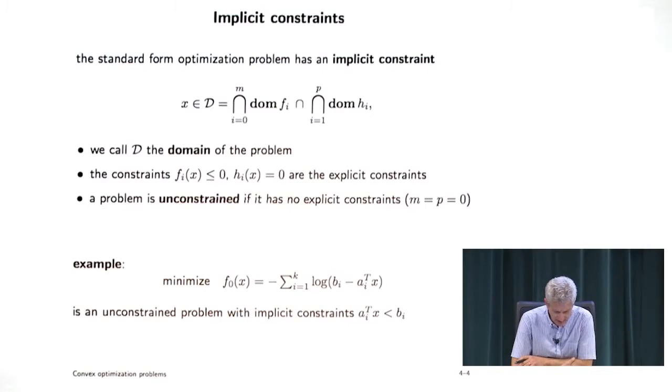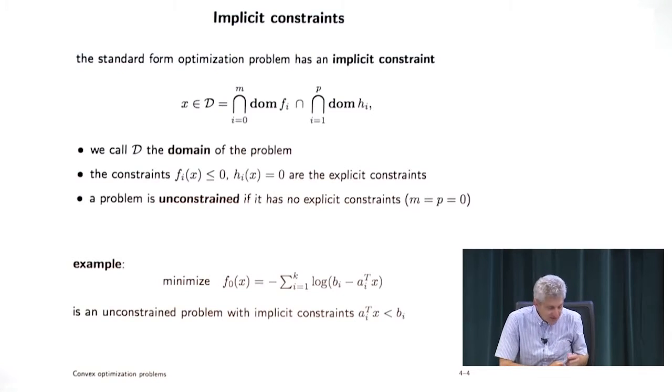One thing that will come up at various times in the course is this idea of implicit versus explicit constraints. So implicit constraints are the constraints, we don't really say this, but the domain of a problem is the intersection of the domains of all of the fi, including f0, that's the objective function, and all the constraint functions, and all the equality constraints.